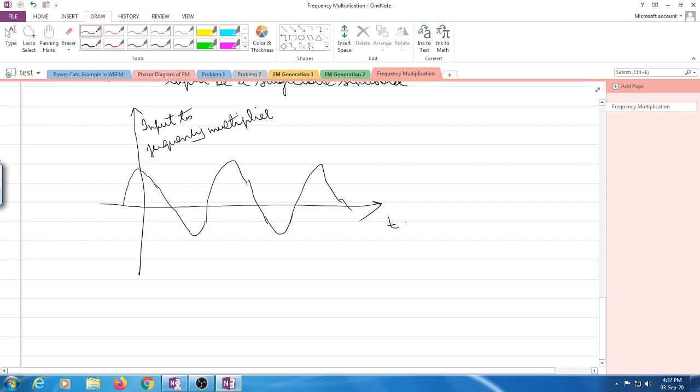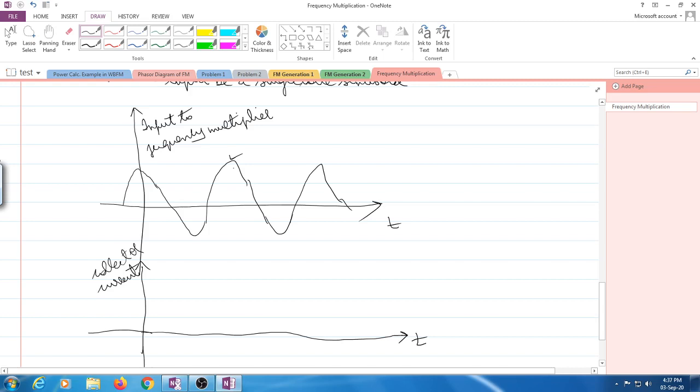Now the collector current, let us have a look at the collector current. Now we already know that the collector current flows in the vicinity of the maximum excursion of the input signal, or in other words, you can assume it's something like this. So this is the maximum positive excursion we have. So in its neighborhood, the transistor is going to have collector current.